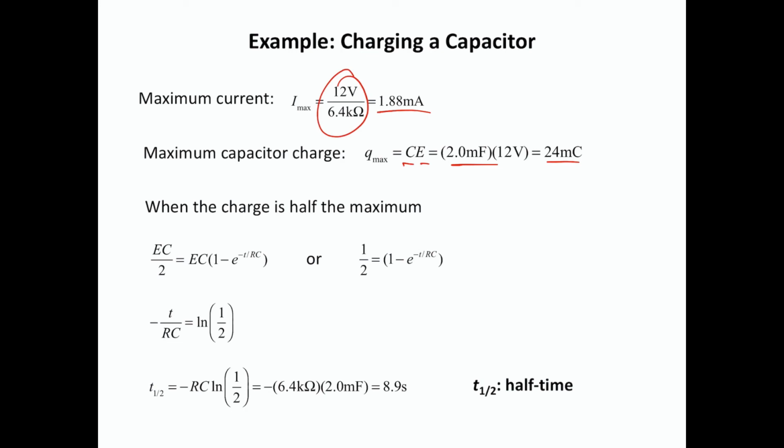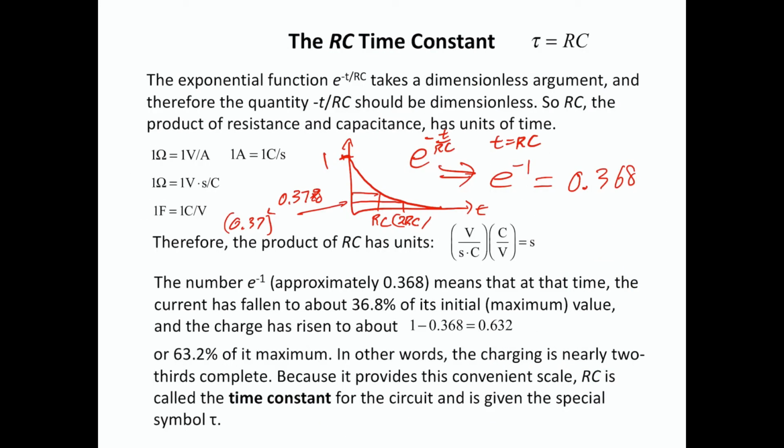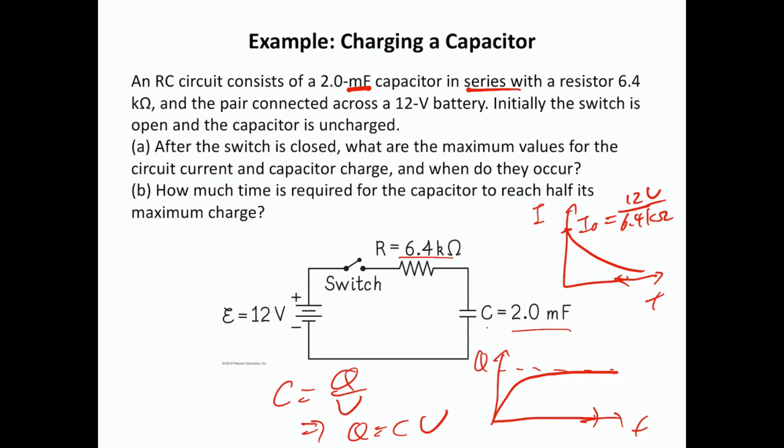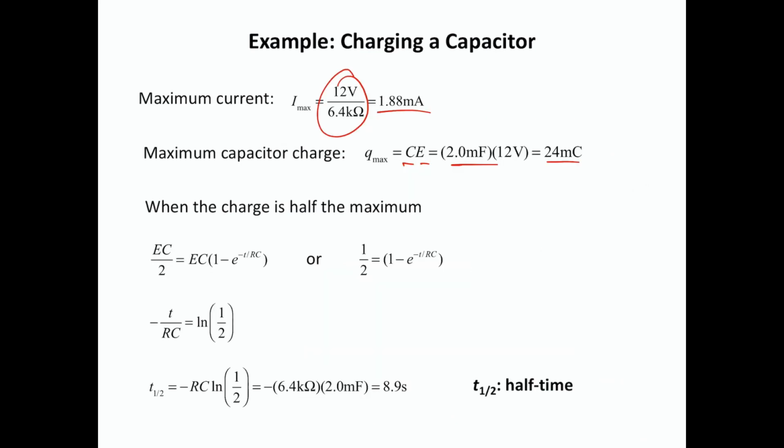When the charge is half the maximum, now this is what we call the half time. It's another concept. What is the time when the charge is half the maximum, or when the current is half the original? Now do some mathematics. Please follow the mathematics.